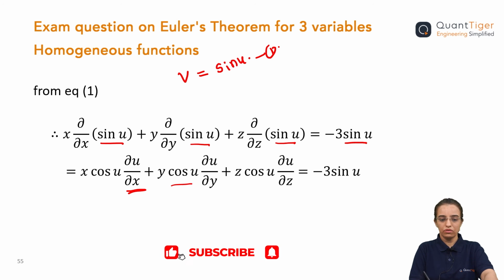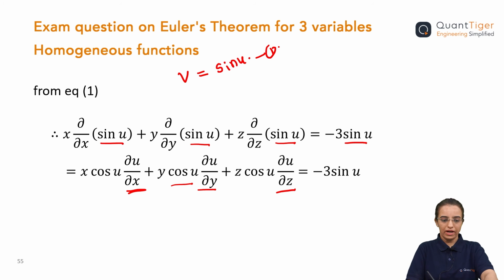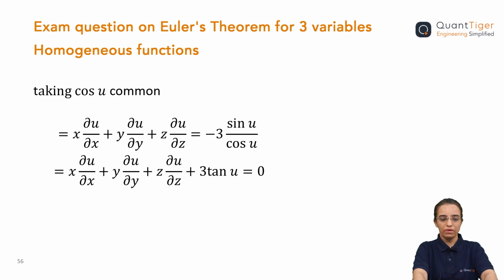In the same way, with respect to y we are differentiating, so del u by del y will come here, here del u by del z, and the right hand side will be as it is. This is a simple thing, we did the differentiation here. Now if you look here, in each term cos u is there, so easily we can take that common out and we come to this one.